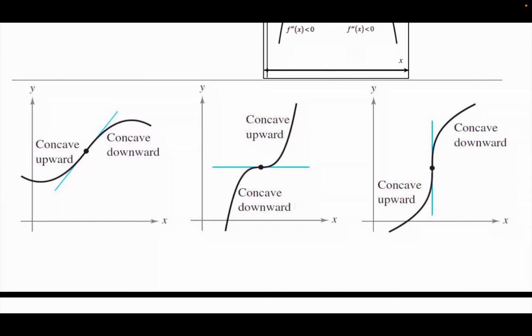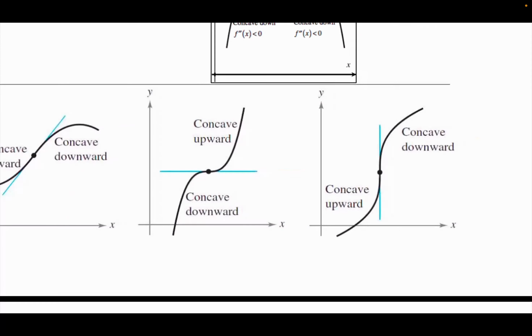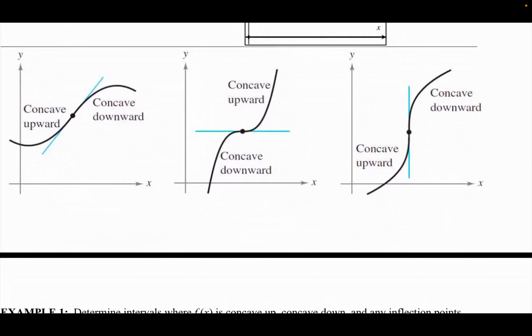I wanted to draw more pictures of what concave up and concave down look like, because sometimes it's hard to tell, right? So concave up are these in yellow. I'm going to highlight them in yellow. Concave up is here, here, and here, where you cup your hand to hold something.